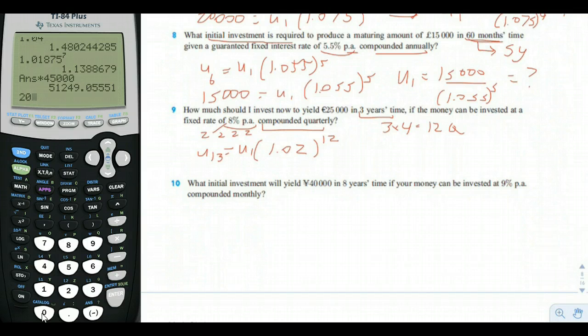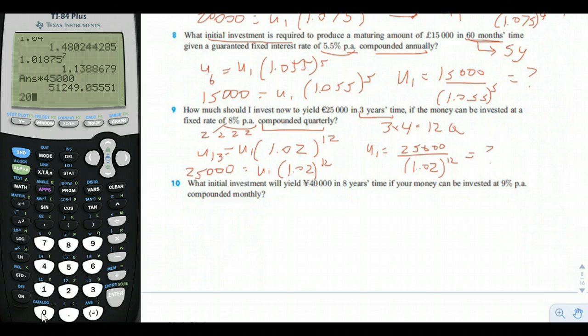And we know that the target value that we want in 3 years' time is 25,000. So we put that in U13. U1 is unknown. So now we just divide both sides by 1.02 to the 12th, and that gives us the answer. 1.02 to the 12th. Okay? And that you can do in your calculator.